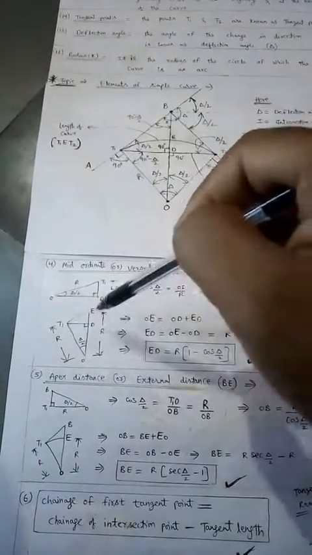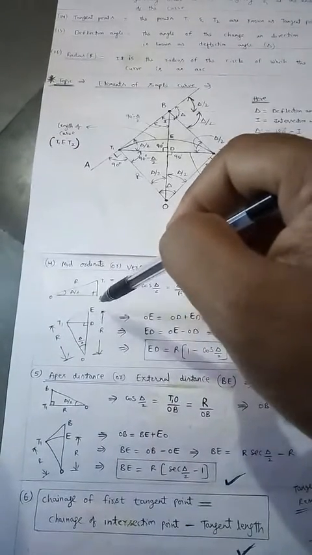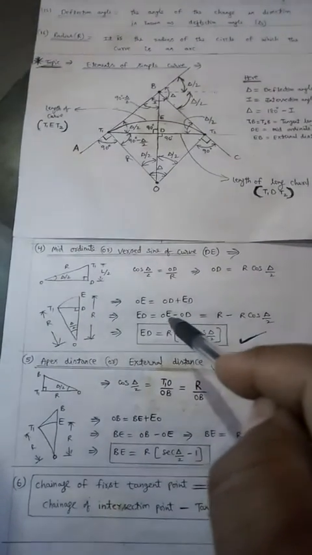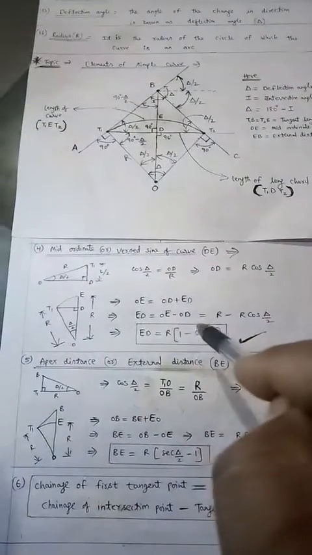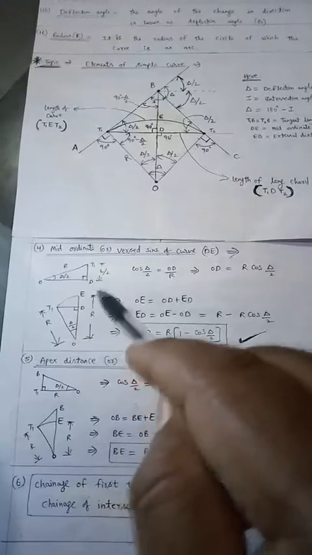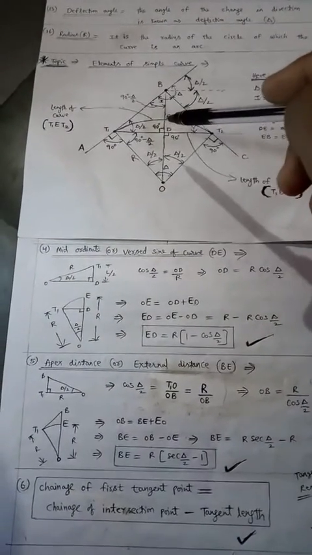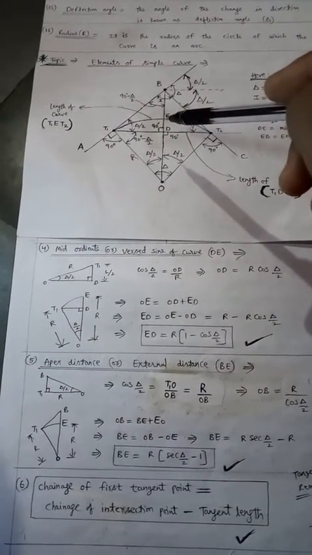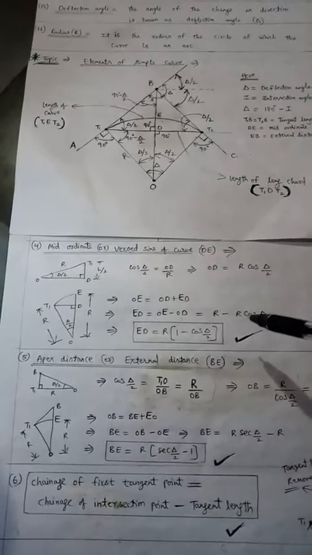Let total length OE equal OD plus ED, so ED equals OE minus OD. OE is the radius r, the total radius up to the arc, up to the circumference. Next, ED.